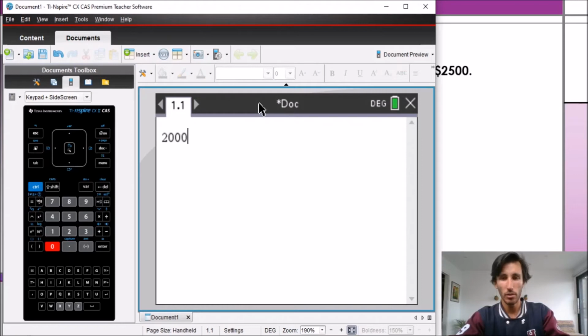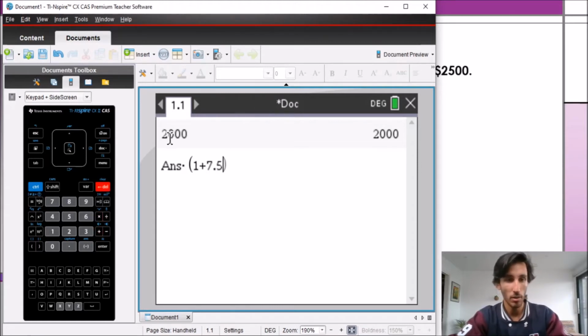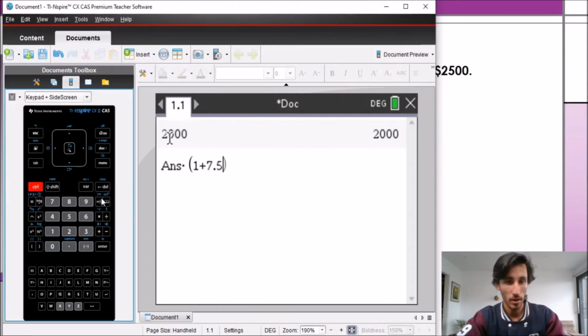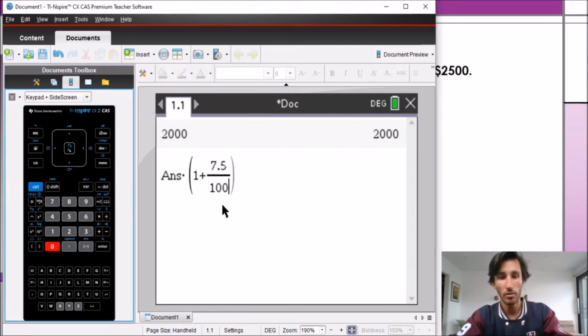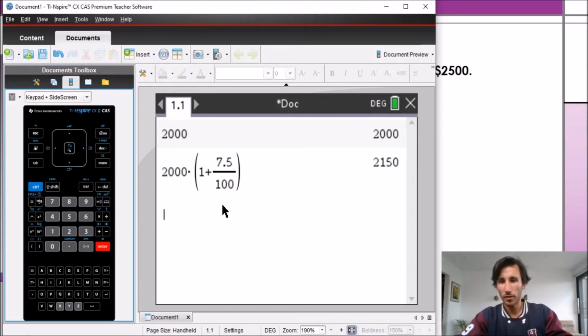We write our starting value of 2,000, and then we know that we're multiplying by 7.5%, so we're going to go times, and then in brackets I want you to put 1 plus 7.5 over, and you guys might want to put this instead so it's a bit more clear for you, over 100. So you're multiplying it by 1 plus 7.5 over 100. So we get 2,150 as we knew.